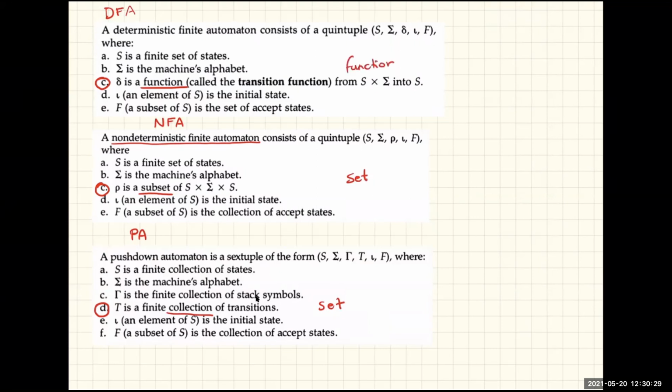And whenever we have a function which goes from S cross sigma to S, remember that a function maps, for example, something that says, given that I am on state 1 and I see an A, then I need to go to S2.